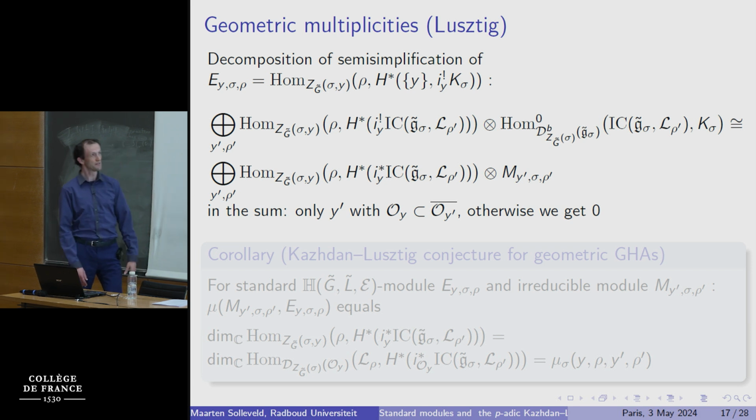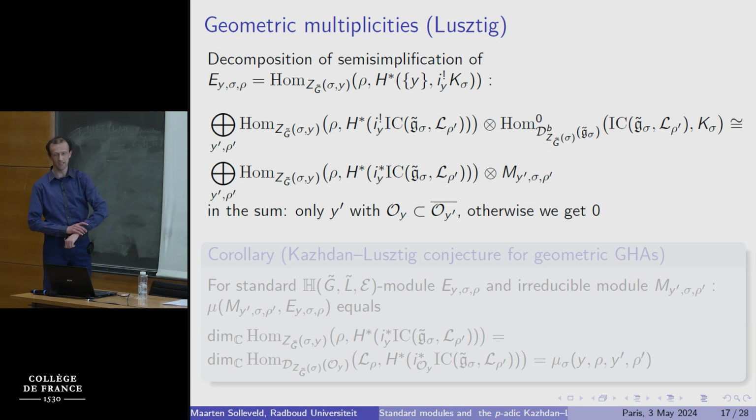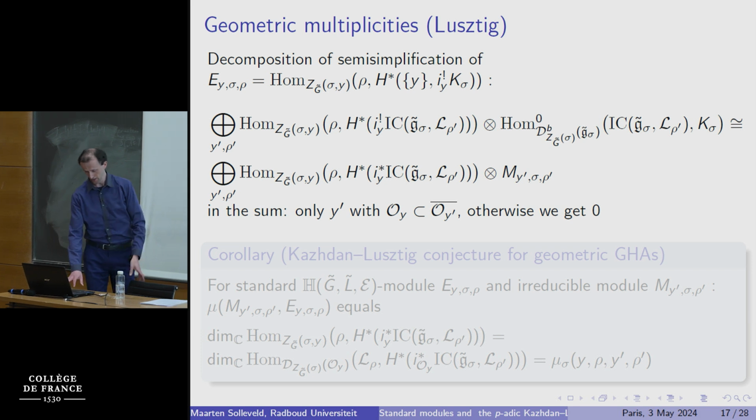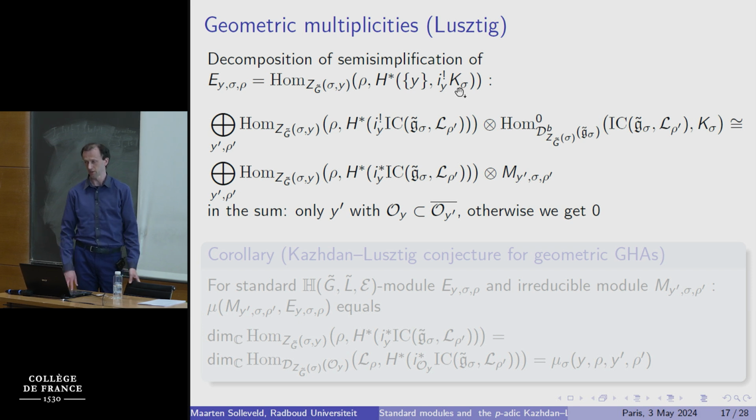If you just assume it's already semi-simplified, then you can express the whole thing, because this whole sheaf K sigma is a direct sum of intersection cohomology complexes, which are indexed by this direct sum.